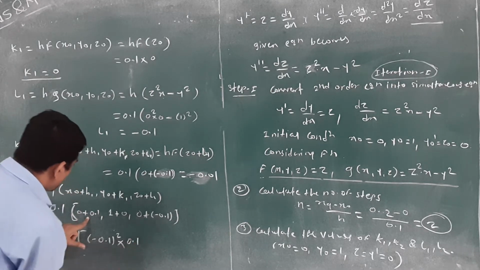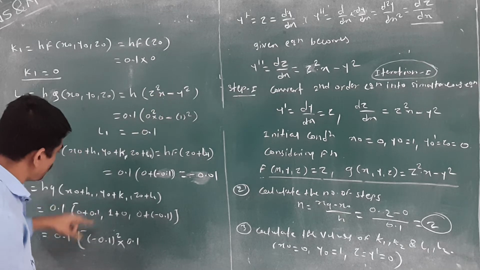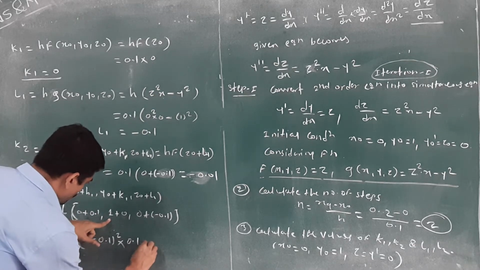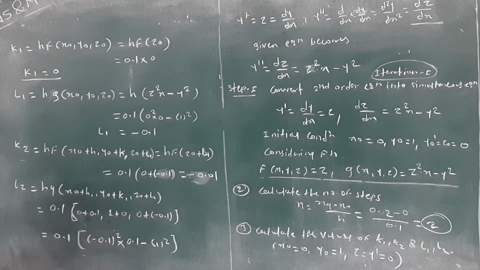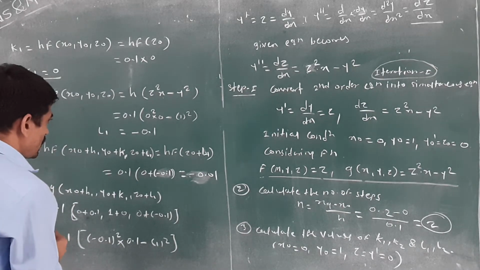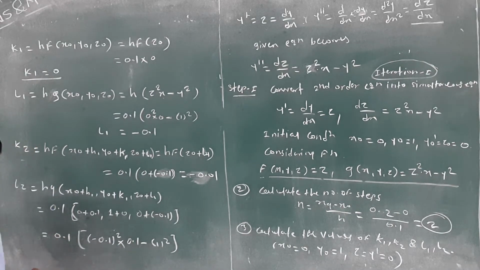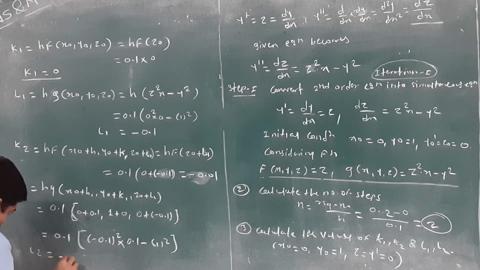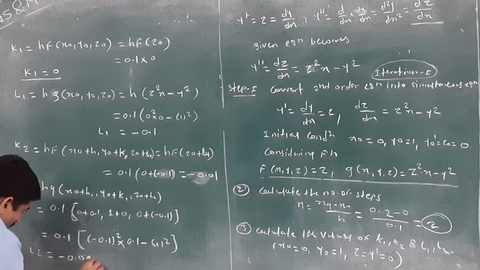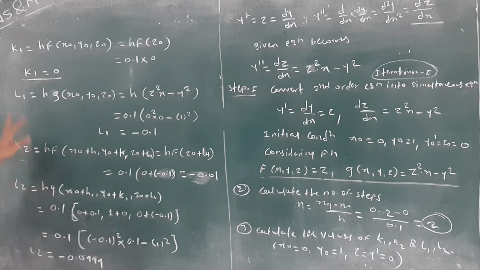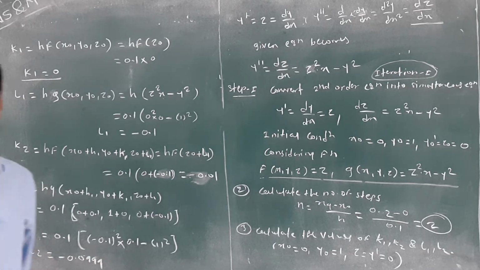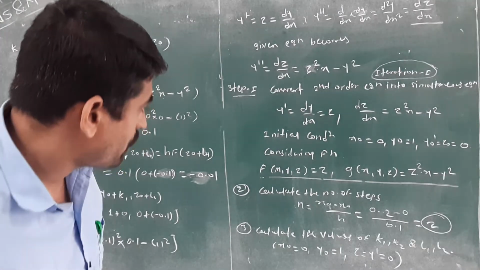And what is the y square value? 1 square minus 1 square. If you have calculated that L2 value, then you will get L2 is equal to minus 0.0999. In this way, you have to calculate in iteration number 1.